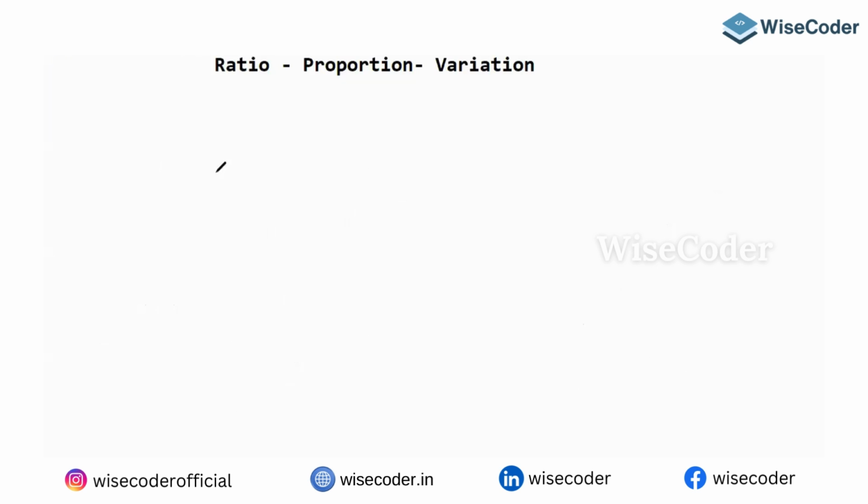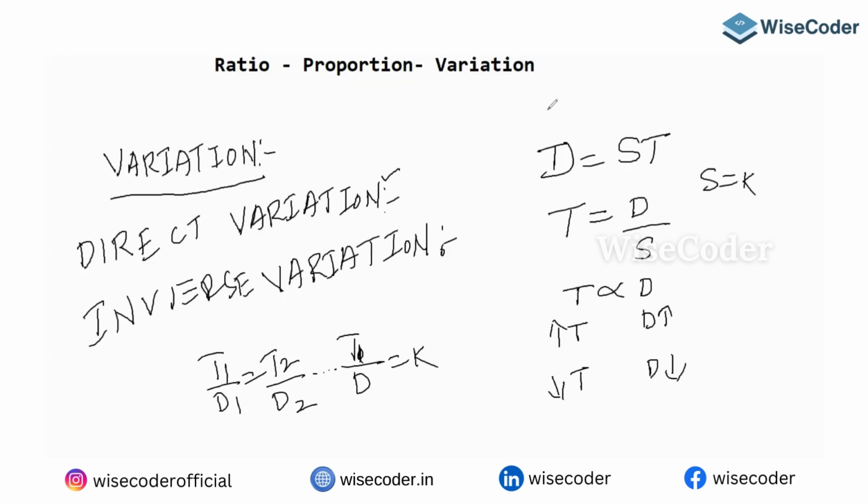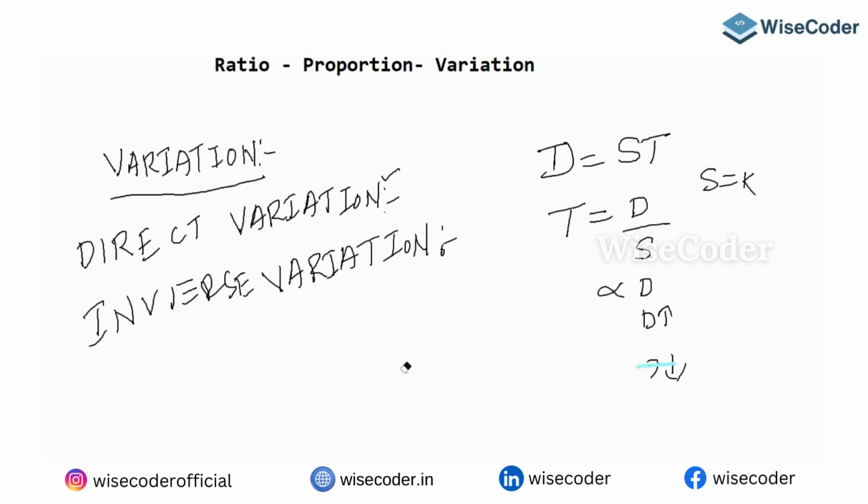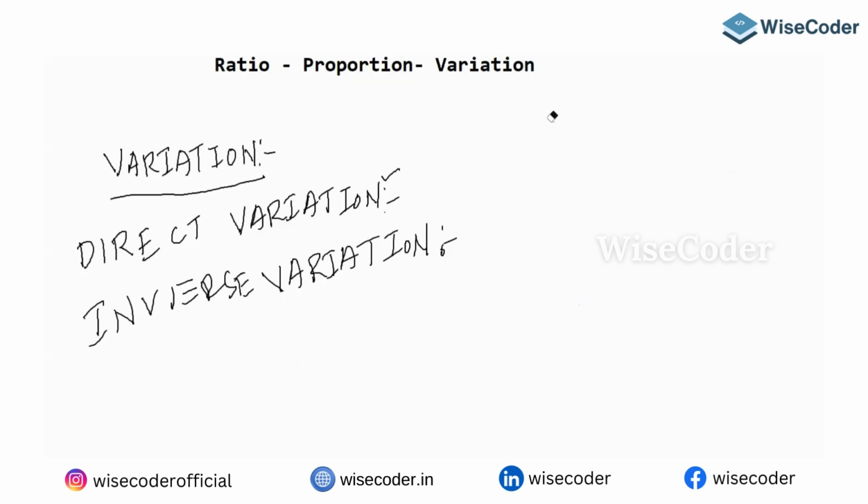If I take values of x directly proportional to y, how can we write it? x by y is equal to a constant.